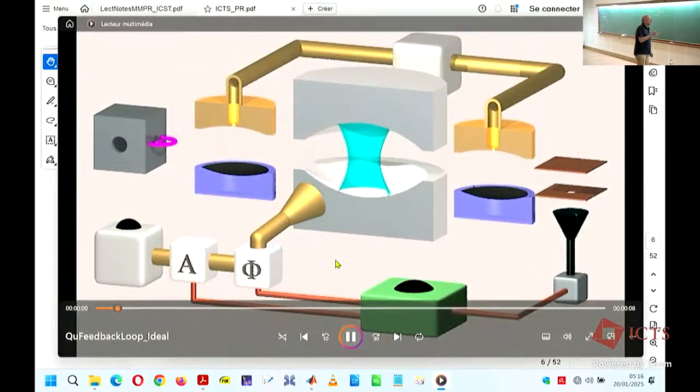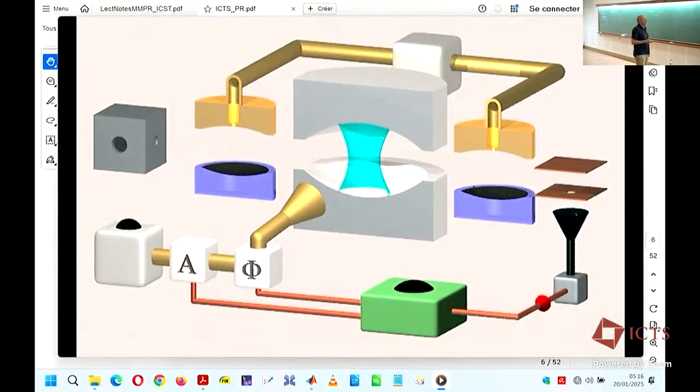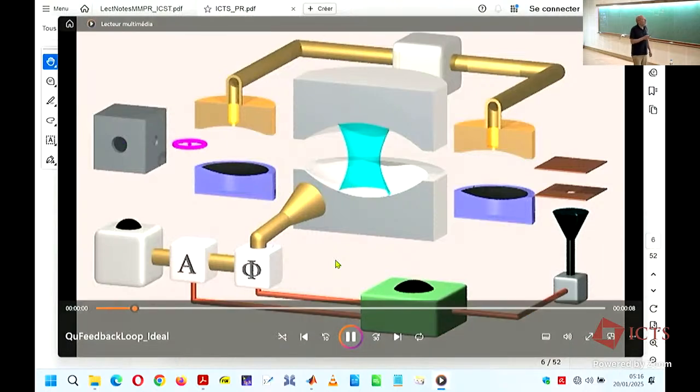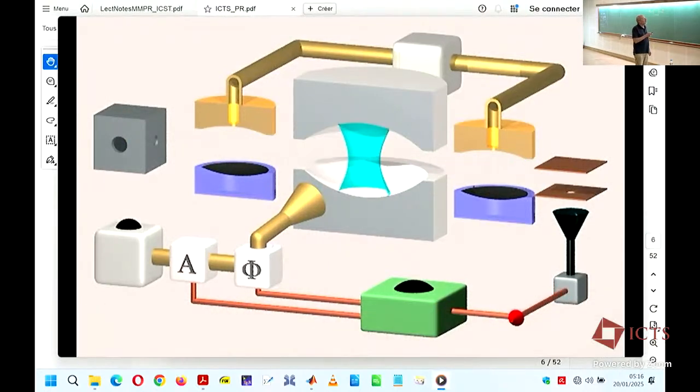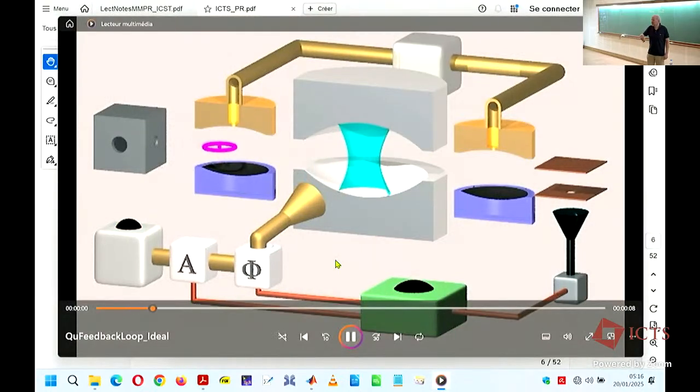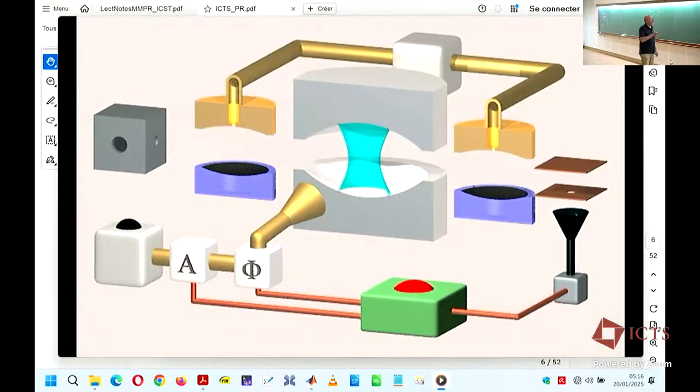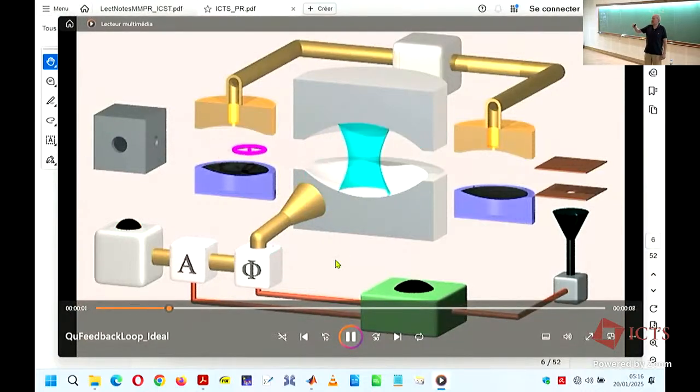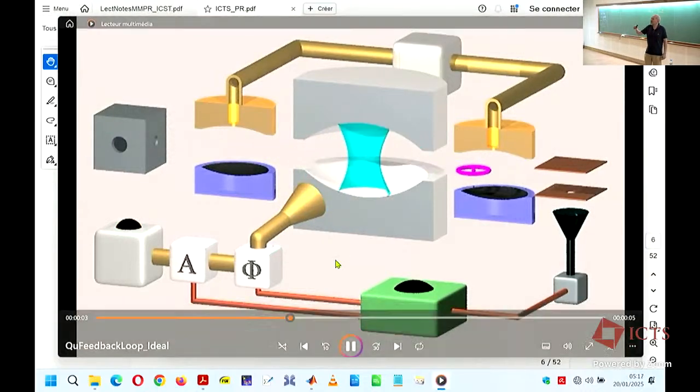Outside the box, it is a periodic system. The sampling time is around 100 microseconds, no more. Outside this box, you have a preparation of the atoms, typically in ground state, and you send an atom in ground state. Here you have a first manipulation of the atoms by a first pulse, typically a Rabi pulse.